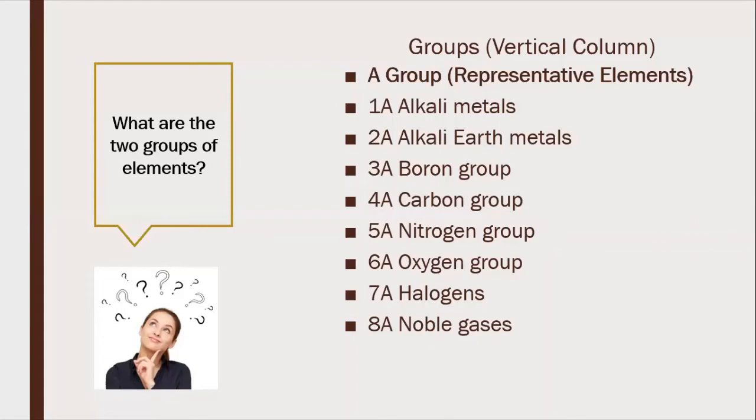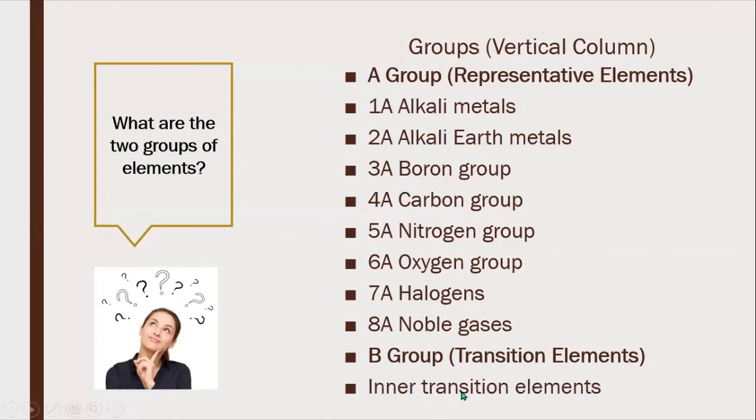Primarily, makikita natin na commonly mga metals at saka mga non-metals po yan, yung mga group A na yan. But when we're talking about group B, ang tawag natin dyan is transition elements. Ibig sabihin, pag mga transition elements, yan po yung may characteristic na may metal at saka non-metal.